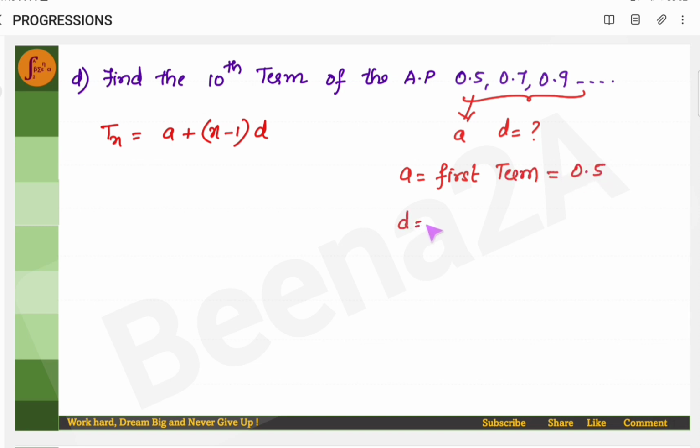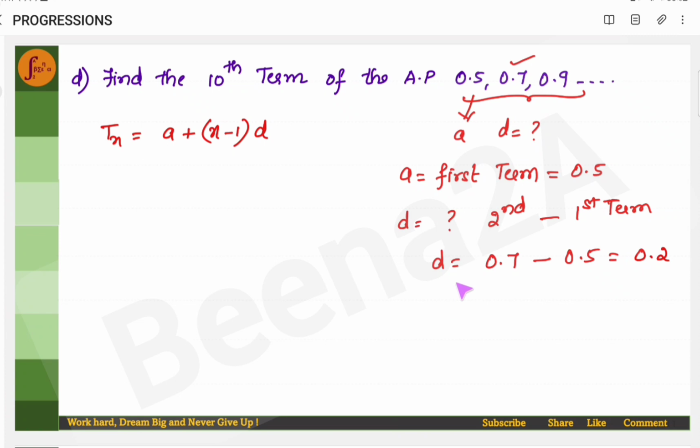Now what is D? Let's take the second term minus the first term. The second term is 0.7. 0.7 minus the first term 0.5, the difference is 0.2.